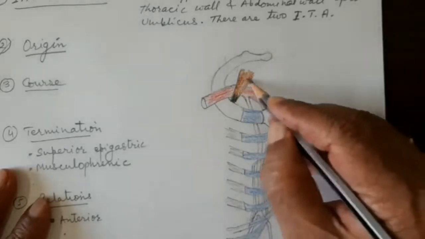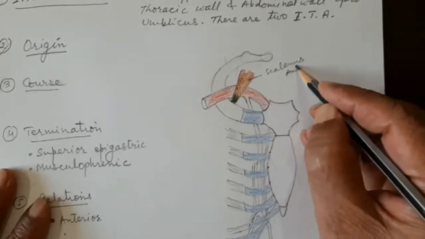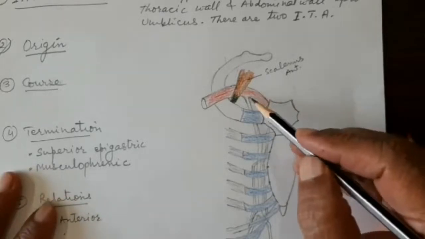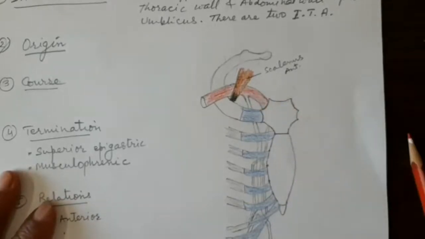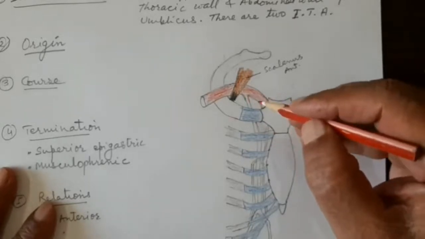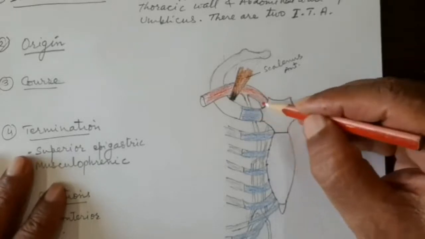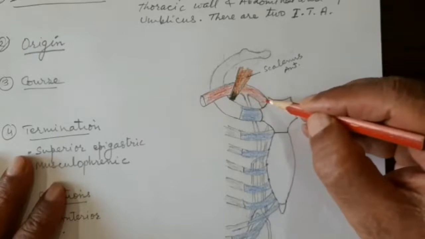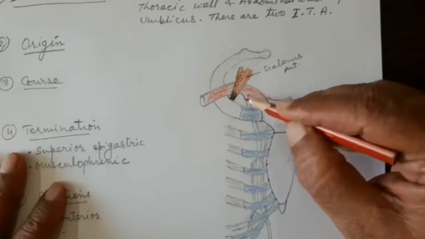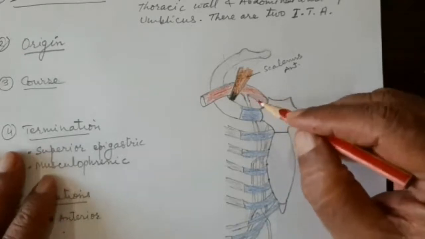This is the subclavian artery, and this is the first part, till the medial border of the scalenus anterior muscle. This is the scalenus anterior muscle. The internal thoracic artery takes origin from the lower margin of the first part of the subclavian artery, just deep to the sternal end of the clavicle.